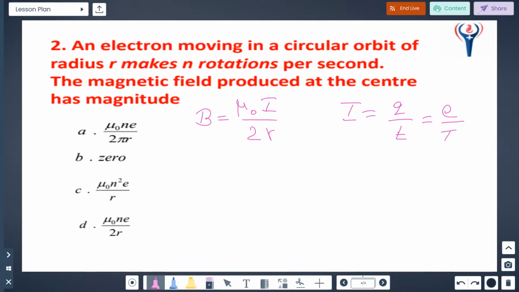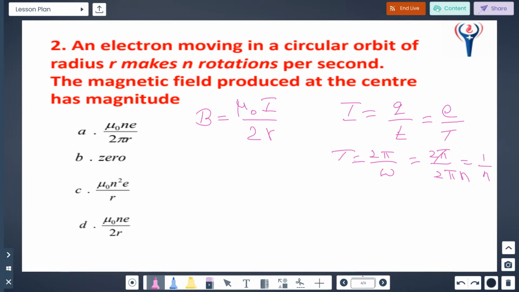And we know the relation between time period and omega. T equal to 2 pi by omega. And what is the relation between omega and the frequency? Omega equal to 2 pi n. So 2 pi by 2 pi n, 2 pi getting cancelled, equal to 1 by n.